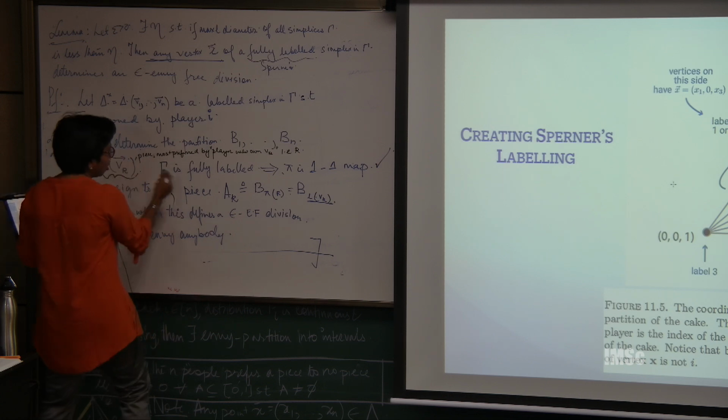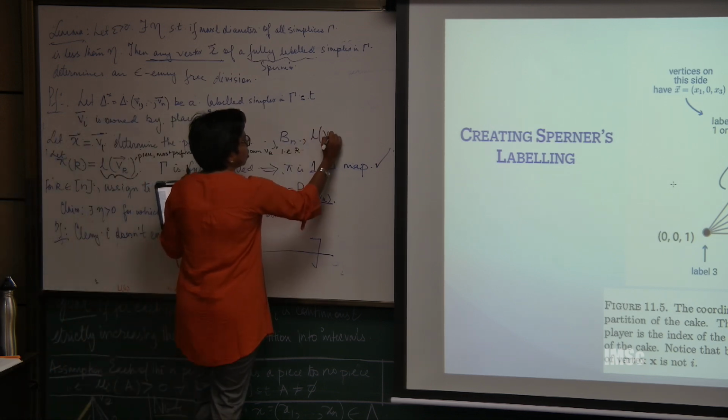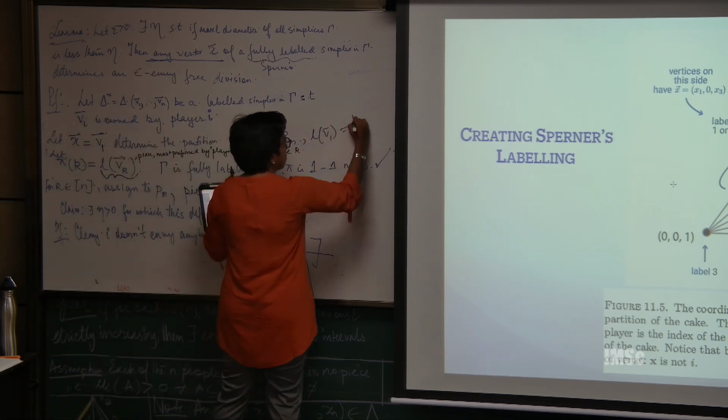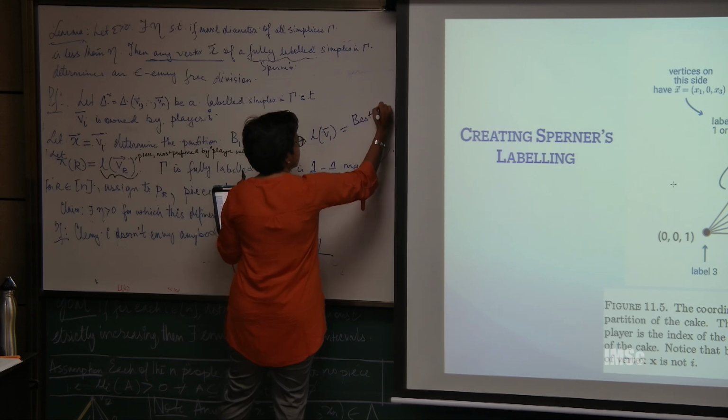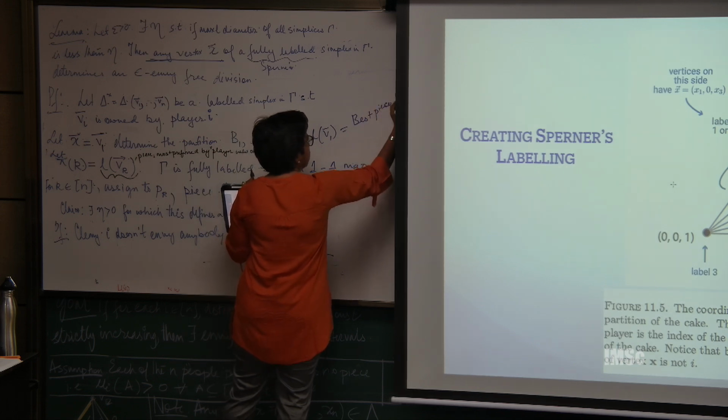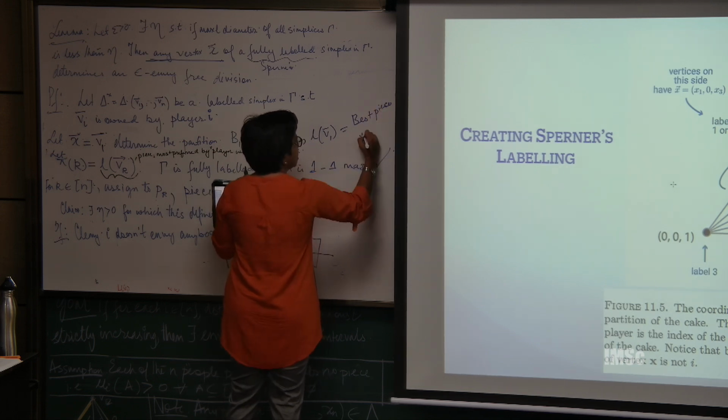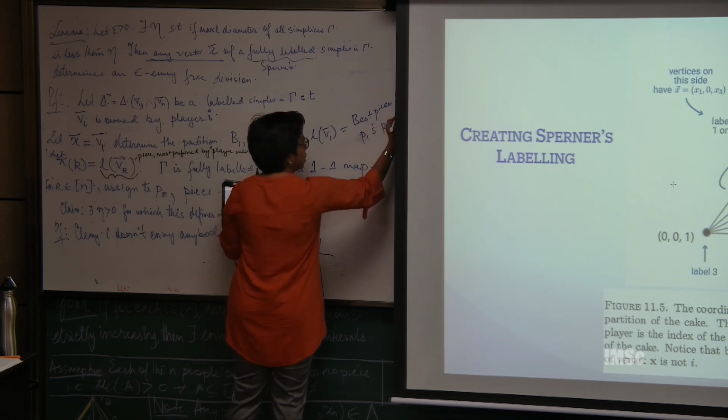So the label of LV1 would be the best piece from player 1's perspective, correct?